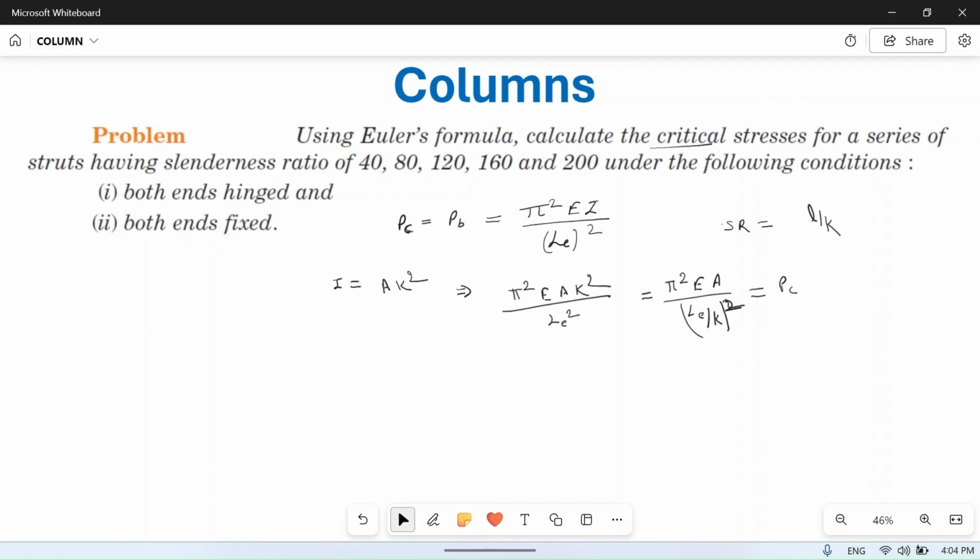This is the critical load, or crippling load or buckling load. Now what is critical stress?